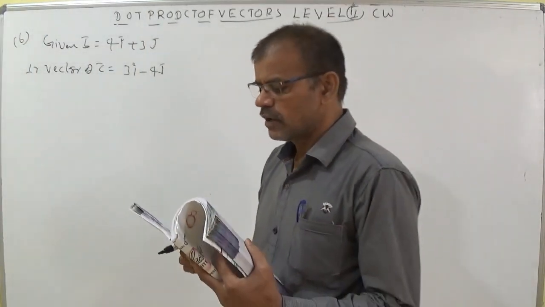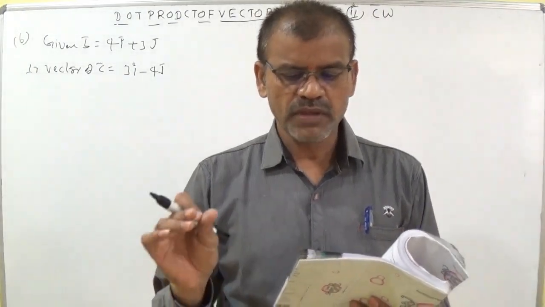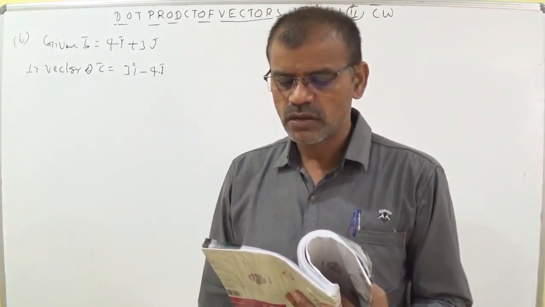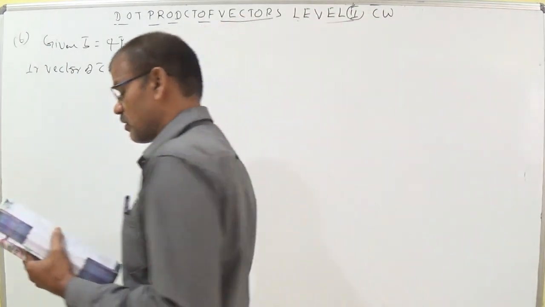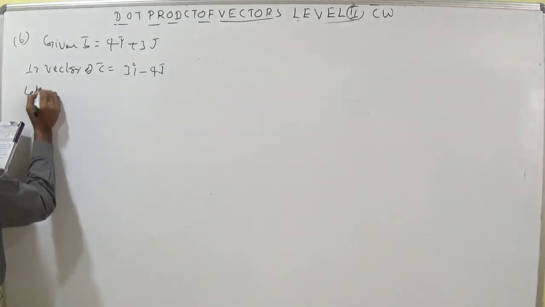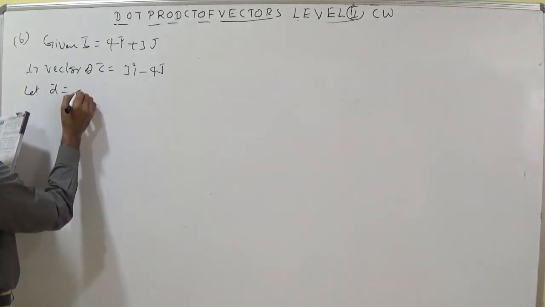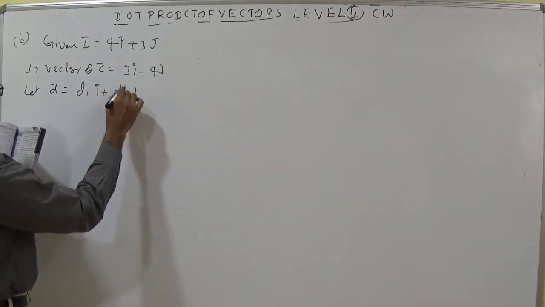See, I thought if the vector in the same plane having components 1, 2 along b and c, so another vector should be there, another vector which should be coplanar in the plane. Let d bar be another vector d1 i plus d2 j.